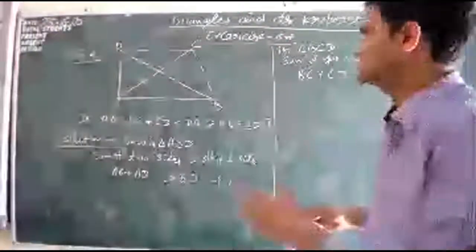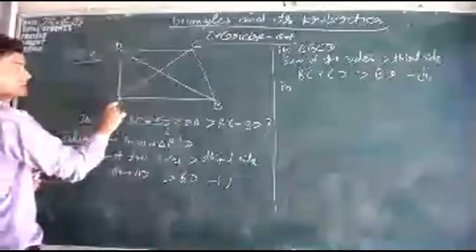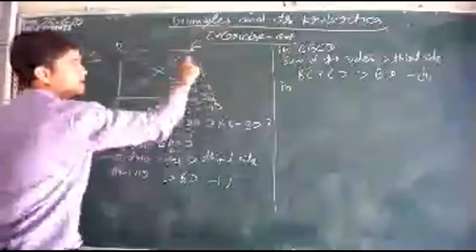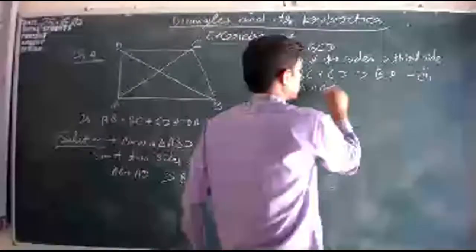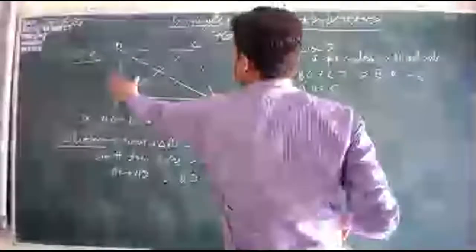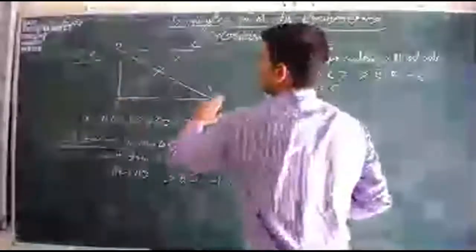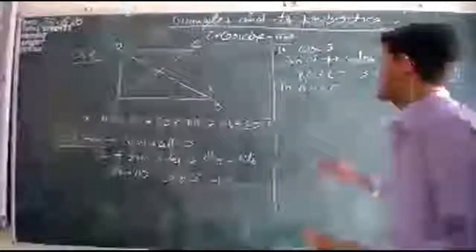Next triangle is ABC. In triangle ABC, the sum of two sides should be greater than the third side, so AB plus BC should be greater than AC.